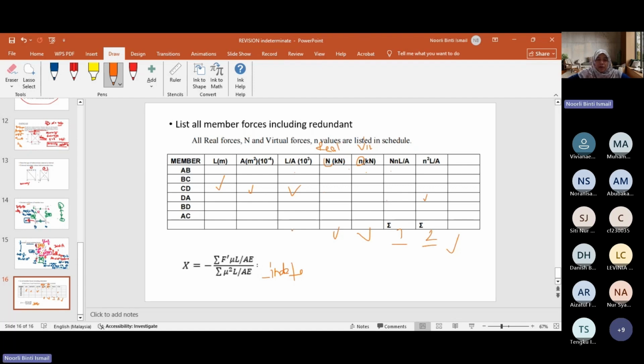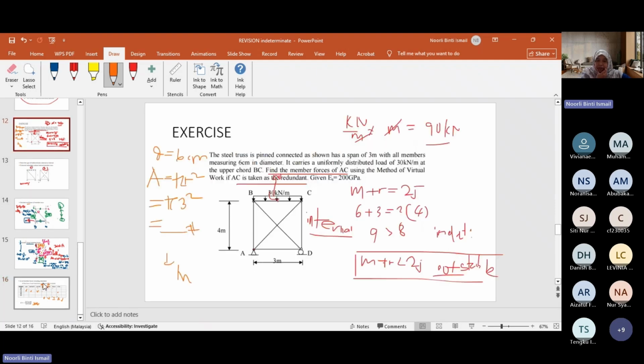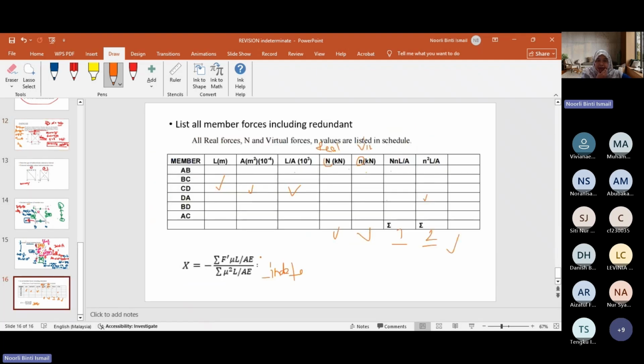Now look at the question, the formula. So F, the total here, you will divide. So how about E? E is given 200. Actually, you can cancel. AE and AE you can cancel, right?